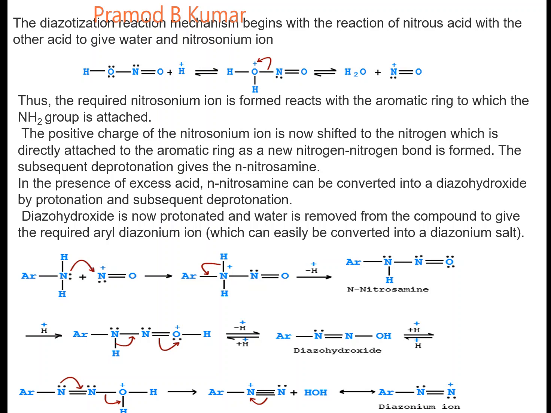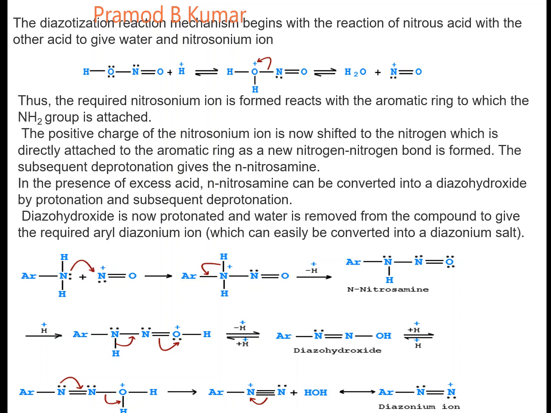It will protonate your nitrous acid. There is a loss of water to form the nitrosonium ion, that is NO+. The first step is protonation of your nitrous acid by the corresponding acid present in the reaction. With the protonation, there is a loss of water and the nitrosonium ion is formed. That is the first and foremost step in your diazotization.